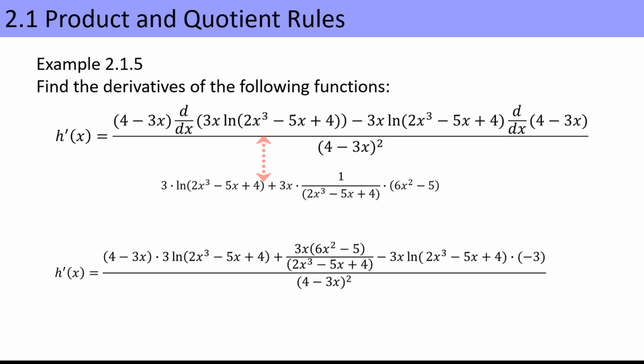And when you do, h prime of x equals the quantity 4 minus 3x times 3 times the natural log of 2x cubed minus 5x plus 4 plus 3x times 6x squared minus 5 divided by 2x cubed minus 5x plus 4, minus 3x times the ln of 2x cubed minus 5x plus 4 times the derivative of 4 minus 3x, which is negative 3, and don't forget the denominator, 4 minus 3x, quantity squared.